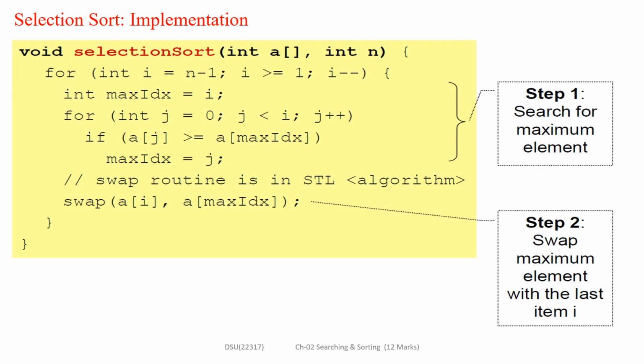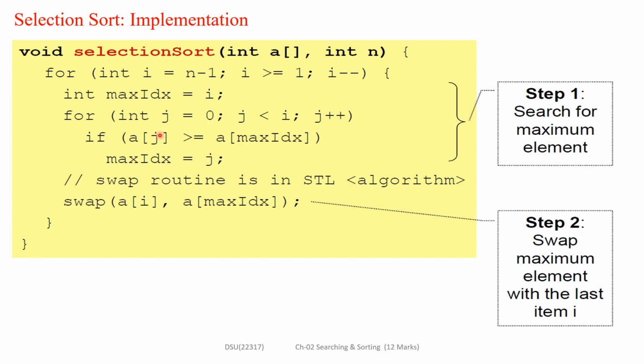Now the implementation of selection sort. This is the C implementation of selection sort. This is void selectionSort, int a, int n. This is the for loop, int i = n - 1, i >= 1, i--. In the opening curly brace, int maxIdx = i. For int j = 0, j < i, j++.